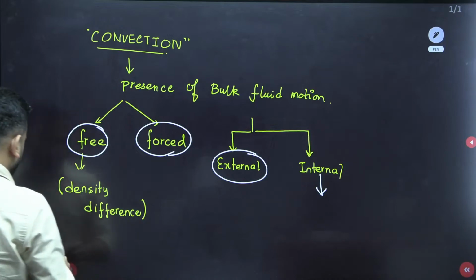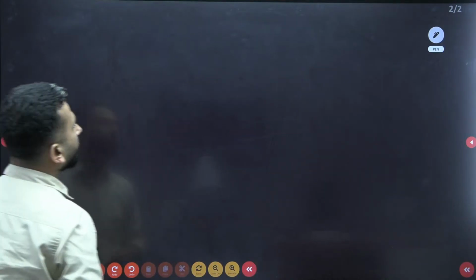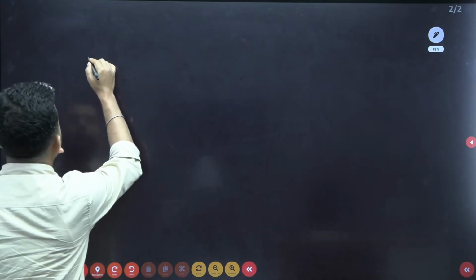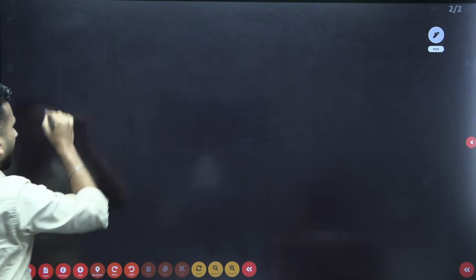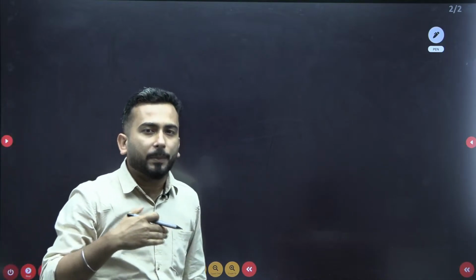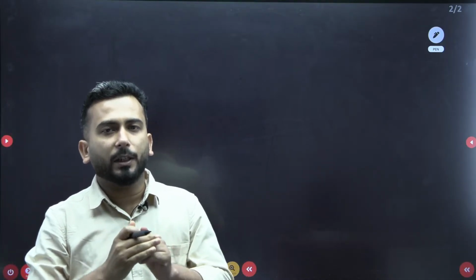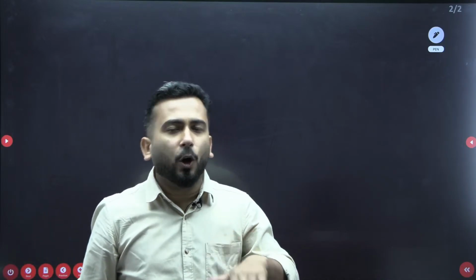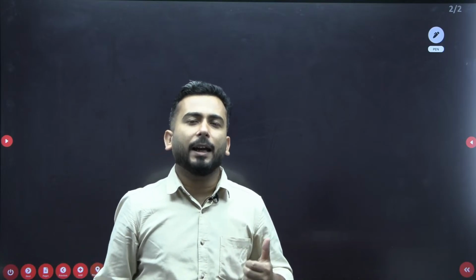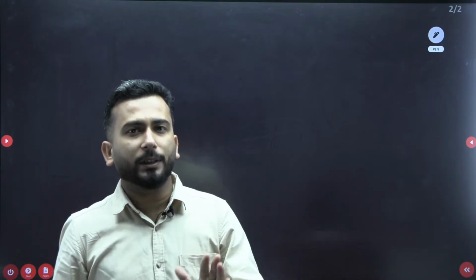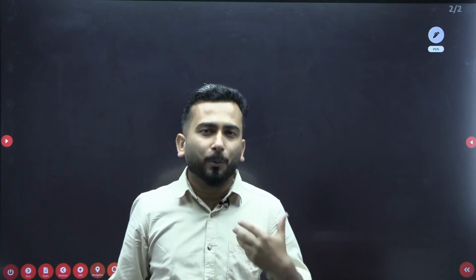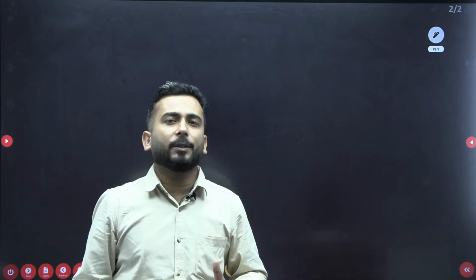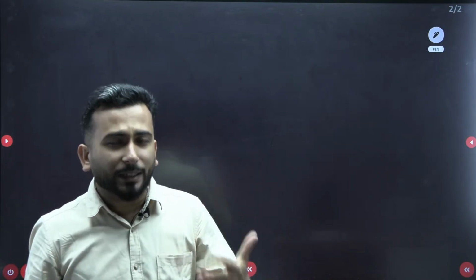Now my dear friends, convection is a very complex phenomenon. Why? Because it depends on a lot of factors. What are the factors? It depends on the fluid velocity, the fluid properties, the geometry, and the temperature of the fluid.